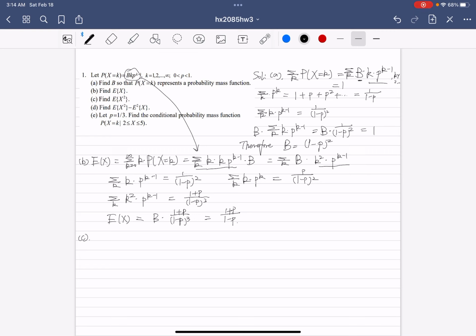The third part is to find the mean of x squared. We can represent it as the sum of k squared times the probability x equals k.